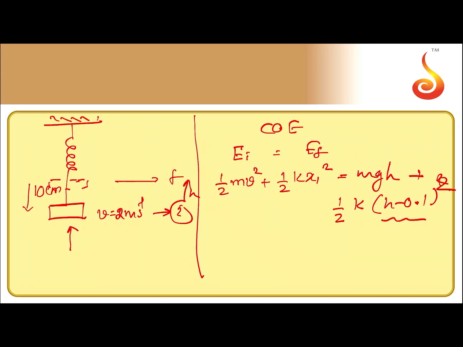because finally the spring is elongated by a distance of h minus 0.1. That's right. So we have all the details here.